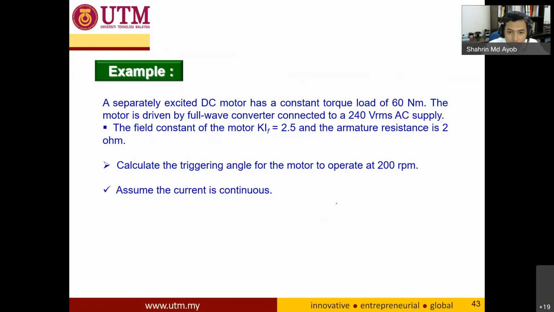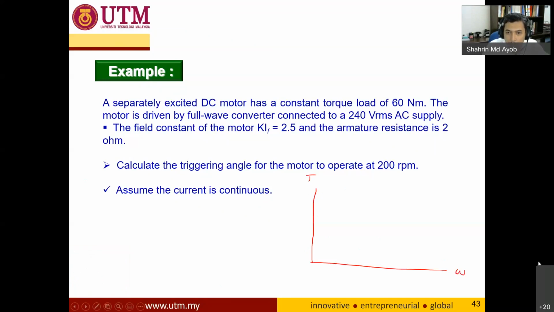Okay, so right now, let's assume this is the torque versus speed.